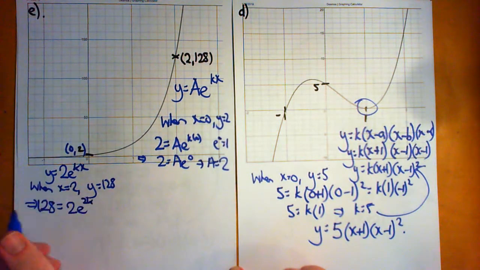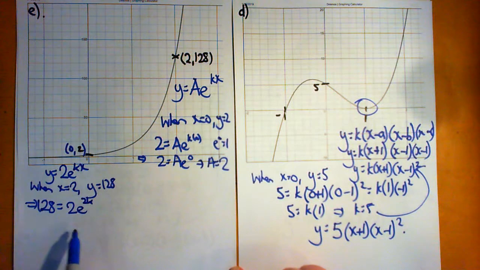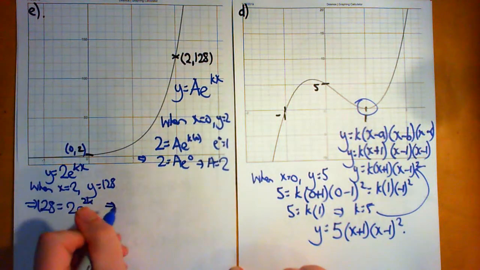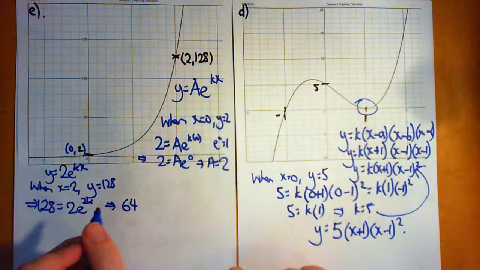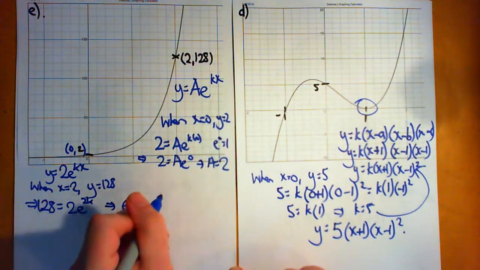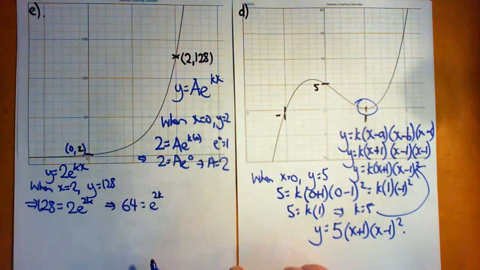Let's write that 2k. Now we can divide that through by 2, which will give us 128 divided by 2 is 64. So 64 equals e to the 2k, since we've divided by 2 to get rid of that 2 out the front.